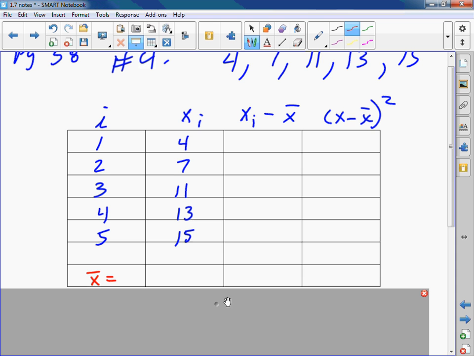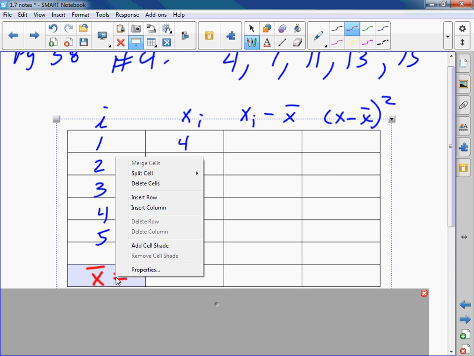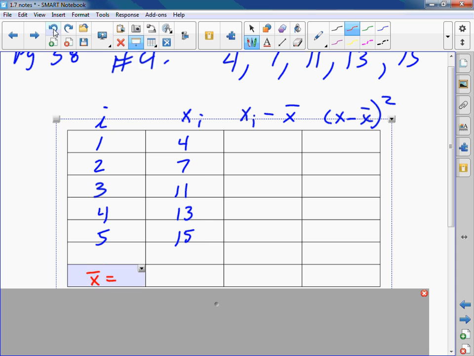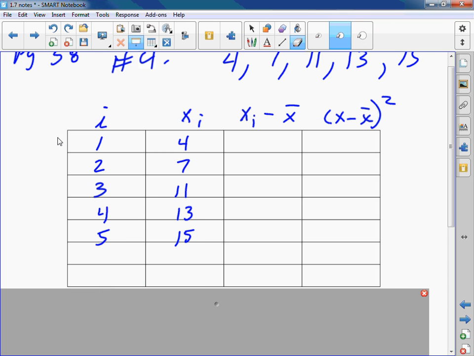Okay, so let's figure that out. First of all, what is going to be the mean of this data right here? Megan says 10. Most likely she's wrong, but let's check her just in case. x bar equals, somebody else check it.